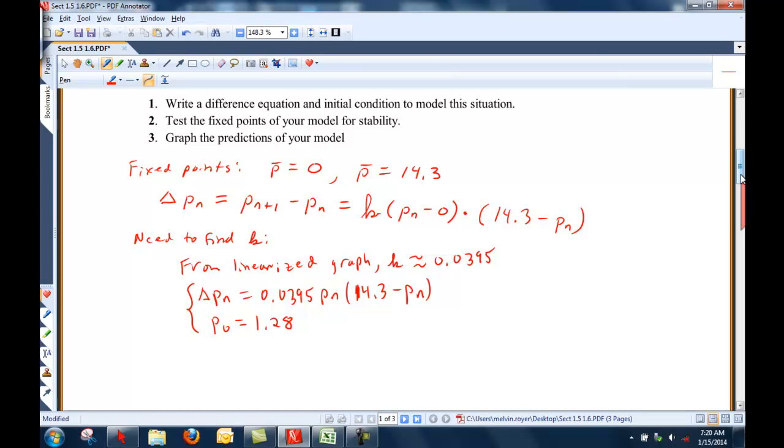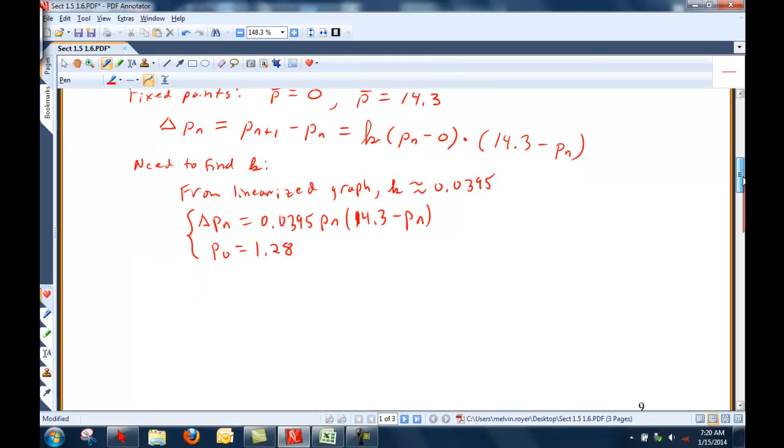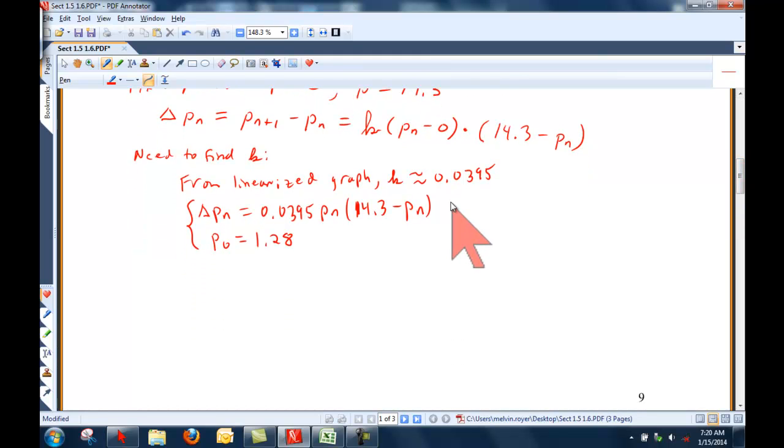The second question says, test the fixed points of your model for stability. So remember, right here is our f of p function.